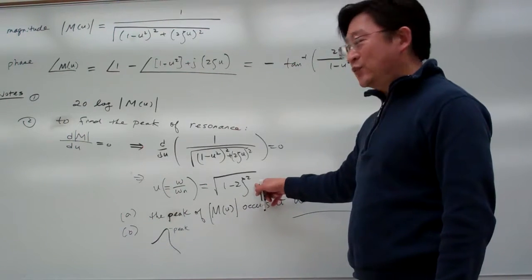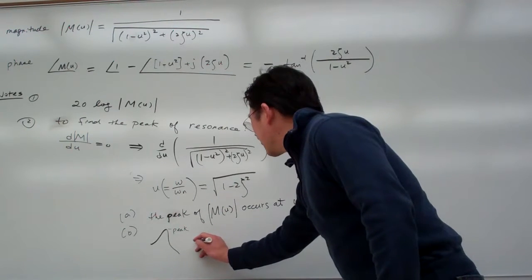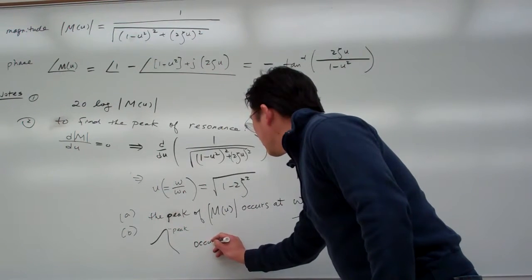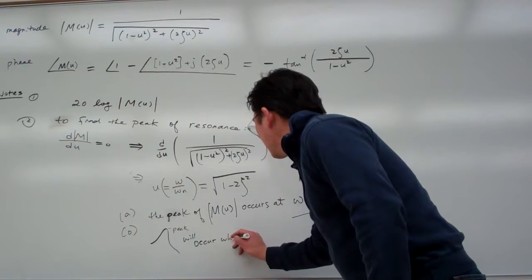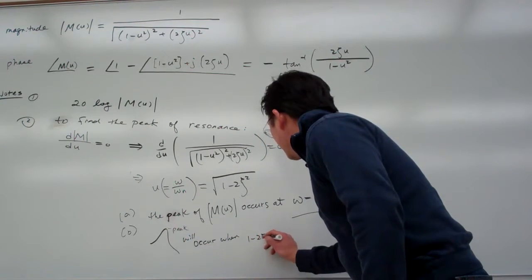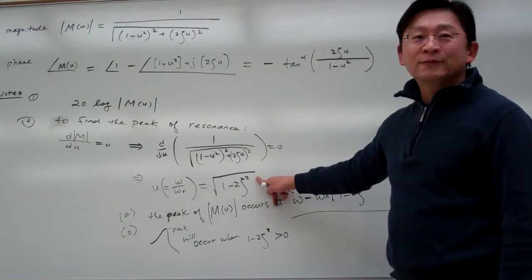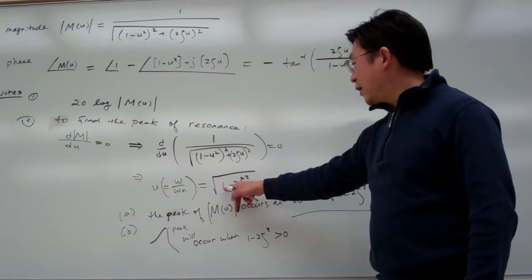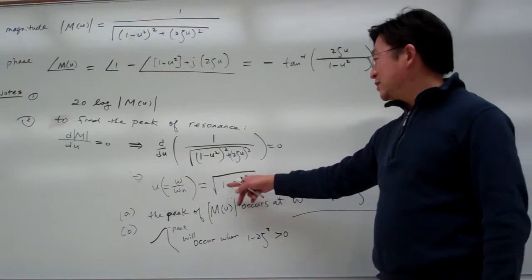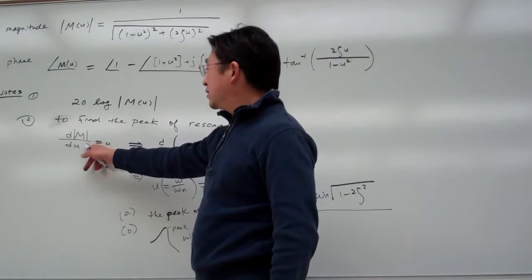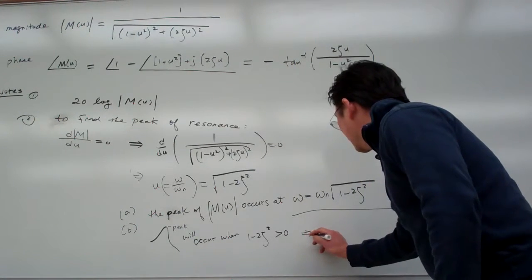That means the peak phenomenon will occur when 1 minus 2 zeta squared is positive, to make the square root valid. If 1 minus 2 zeta squared is less than 0, this equation doesn't hold.